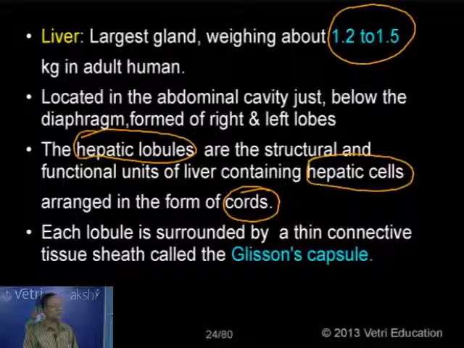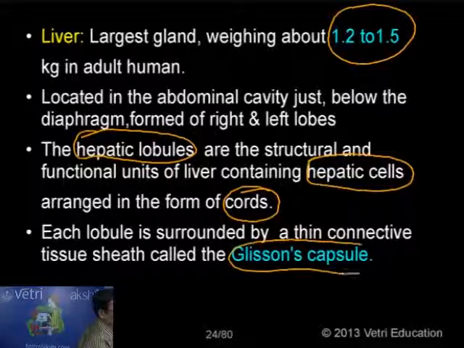Then there is one question related to the liver regarding a capsule. That came in the question paper in your entrance examination. Each lobule, the unit of liver, is surrounded by a fibrous connective tissue sheath. The name of this sheath is Glisson's capsule.